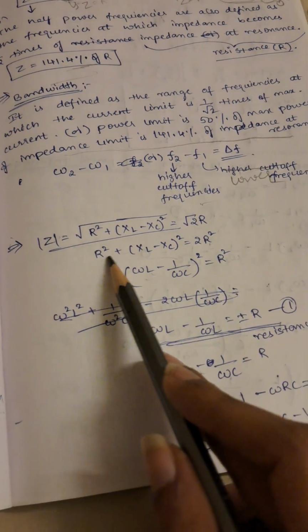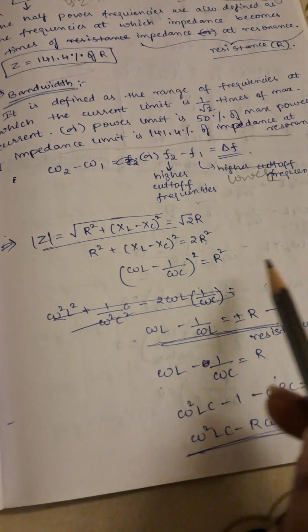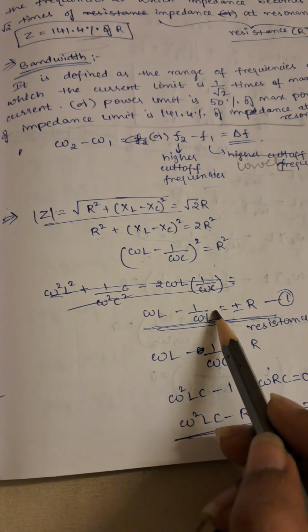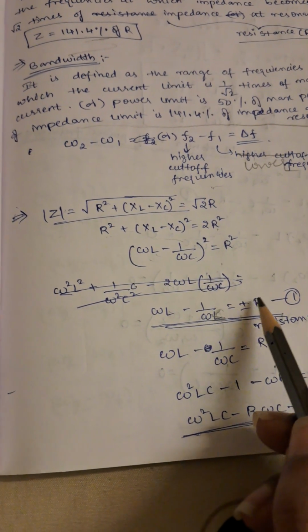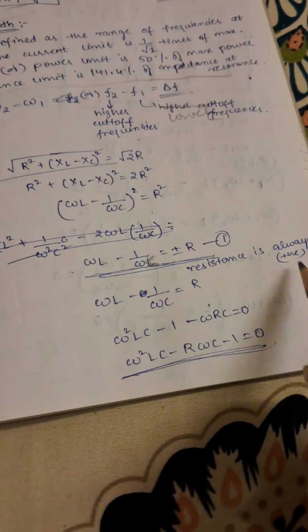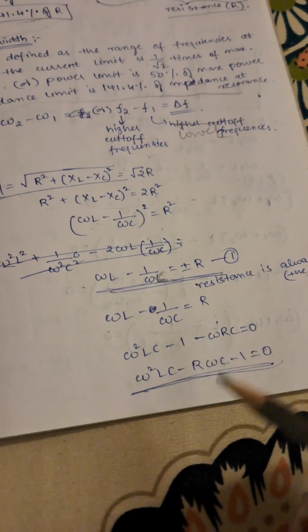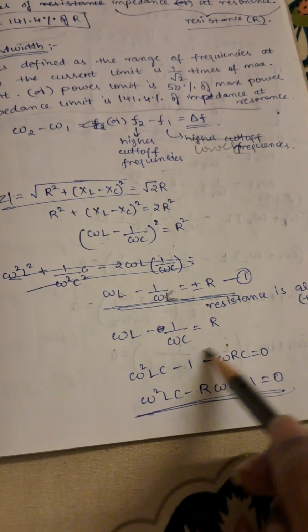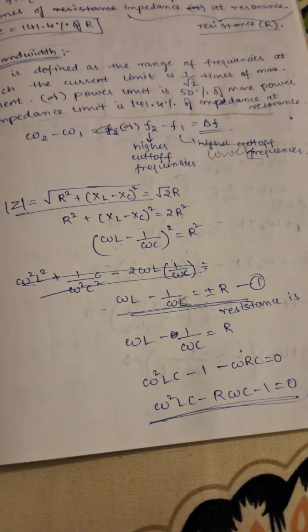Now 2R square minus R square is R square. Omega L minus 1 by omega C is plus or minus R. As resistance is always positive, we will take plus R. Here it is omega square LC minus 1, this will come here, minus omega RC equal to 0.